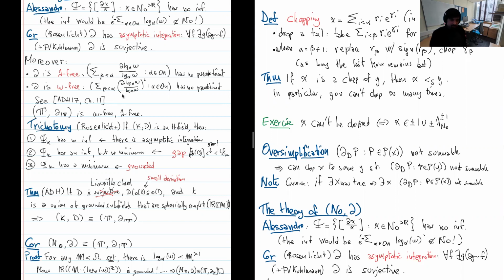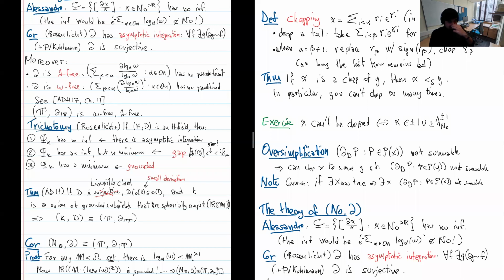And Newtonian means that if you take a differential polynomial which is Newtonian, then you can find a solution. I'm not stating it quite right, but essentially you can find a root of the differential polynomial.